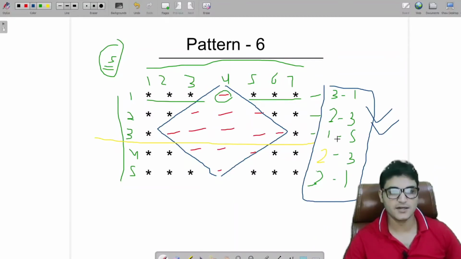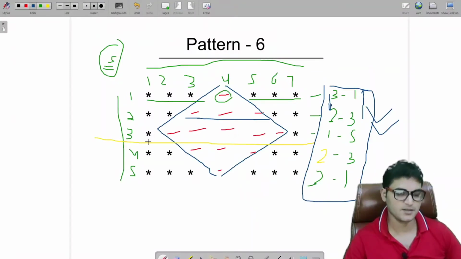So we have already determined that we have 3 stars and 1 space in our first row, and in the second row we have decreased 1 star and increased 2 spaces. In the first row we had 1 space, and in the second row we have 3 spaces. In the third row we have 5 spaces, which is 2 more than the previous one.